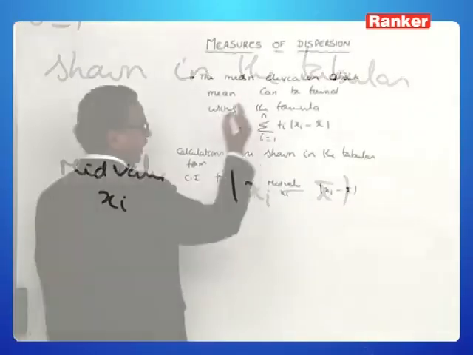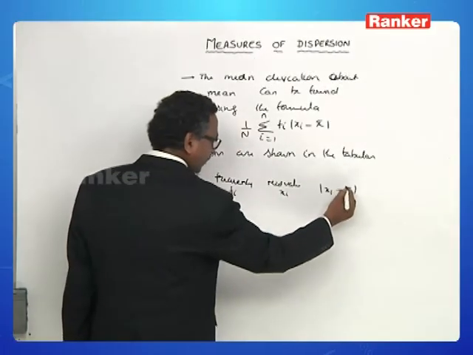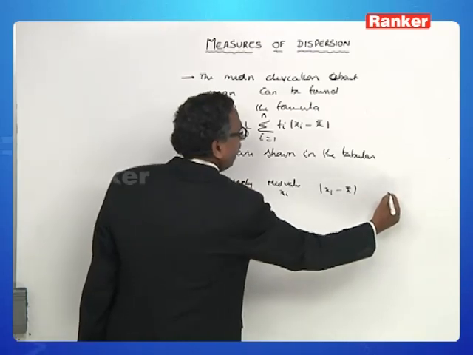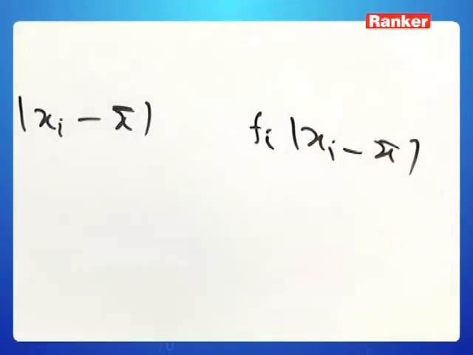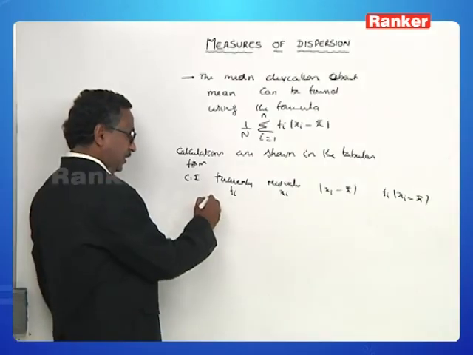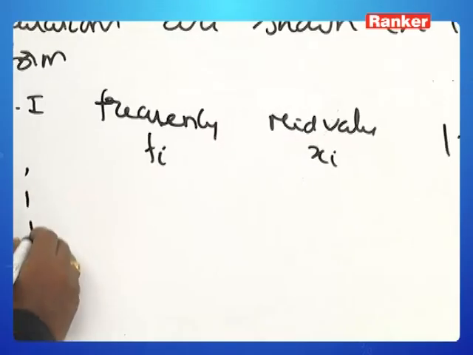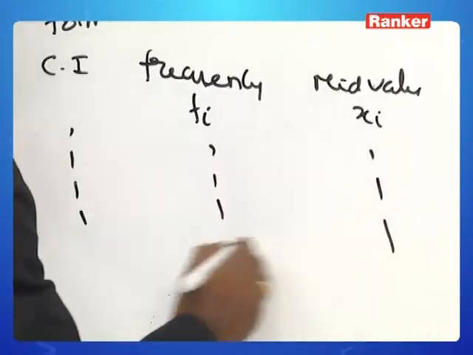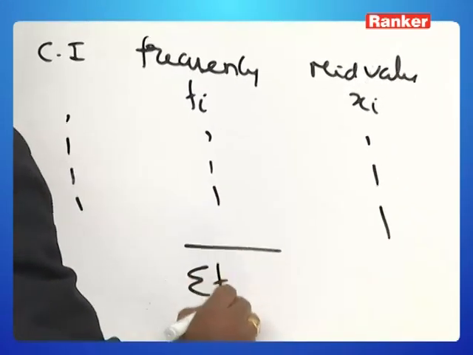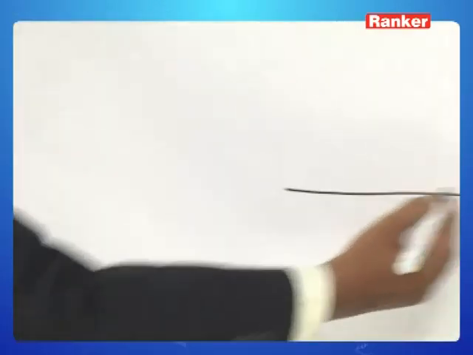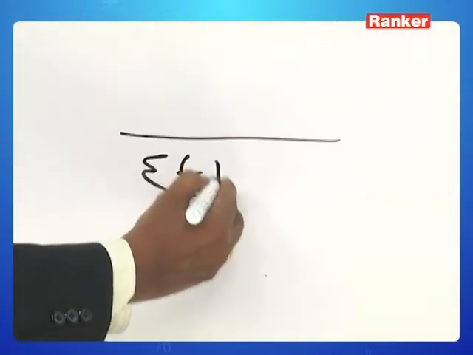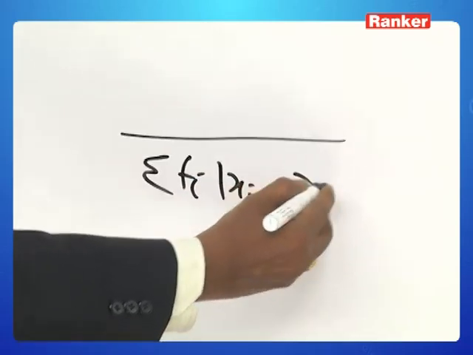We calculated x bar in the previous step, and then we write Fi into modulus of xi minus x bar. Then we calculate sigma Fi, which is equal to n, and sigma Fi into modulus of xi minus x bar.